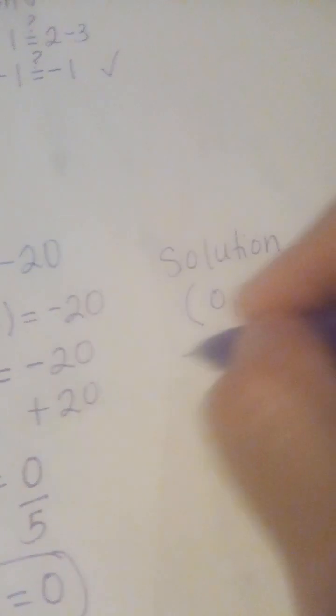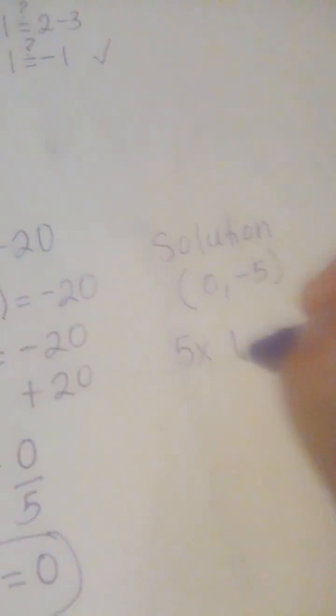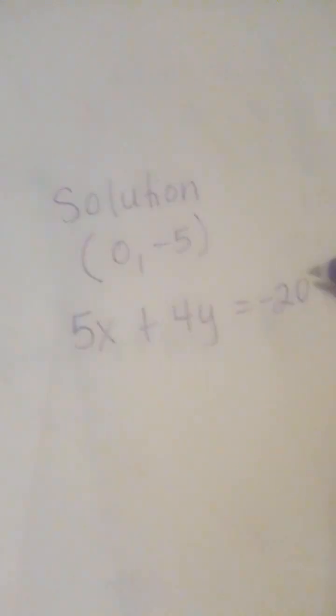But do you want me to check? I could check right now. Let's see if this equation is legit. I'm going to use this problem here for the check. Hope you can see that.